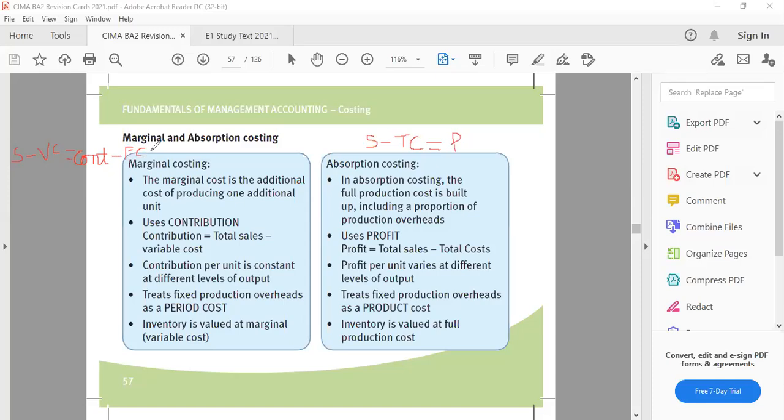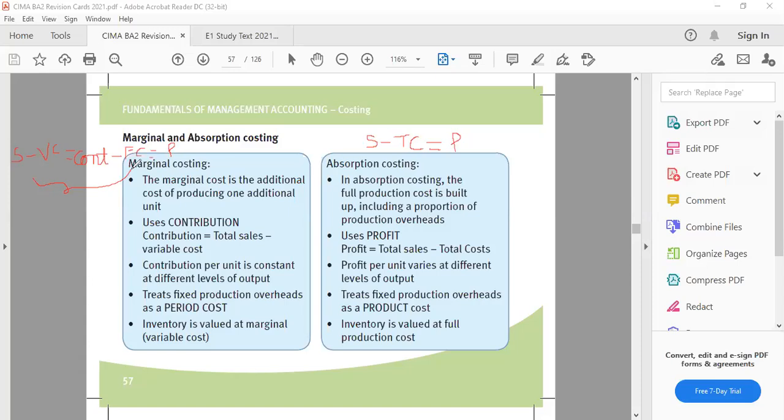The profit under marginal costing and the total profit under absorption costing are the same, but in between there is a distinction made between what amount is variable cost and what amount is fixed cost. That's one point which is taken into consideration. All the assumptions are based on this distinction, that cost can be classified as variable cost and fixed cost. Based on that, it is followed.